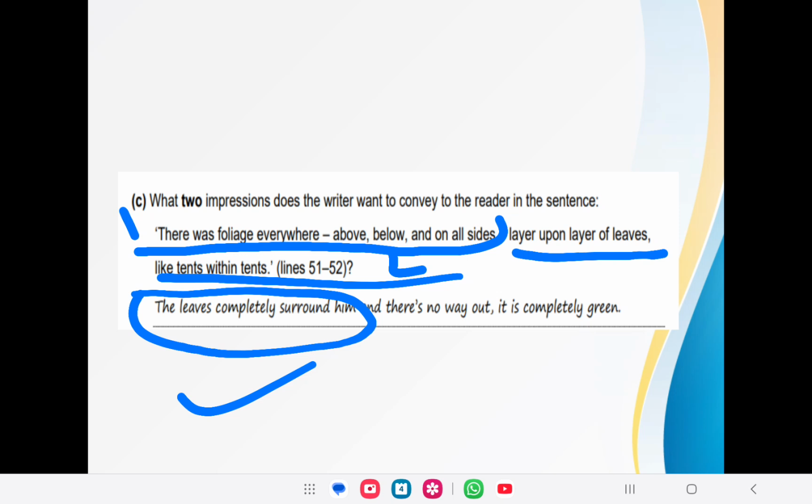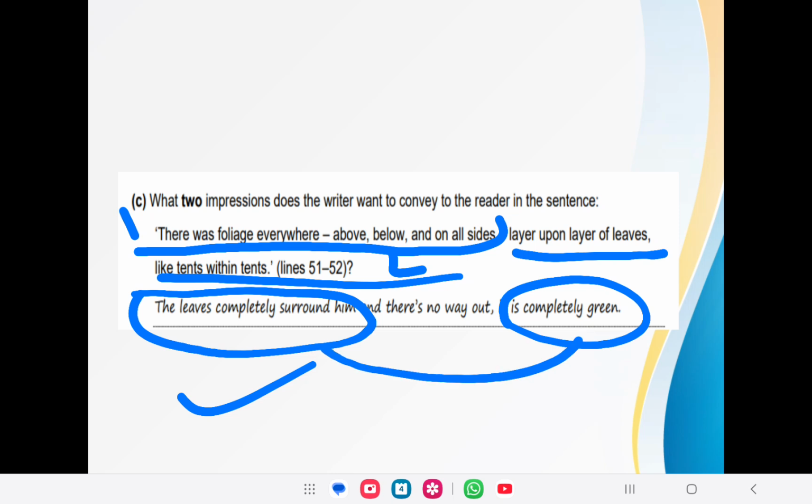Now the second impression. Layer upon layers can go with the first one also, like tents within tents. Layer upon layers of leaves, like tents within tents. What is the meaning of that? The student has written: there is no way out, it's completely green. Now this, it's completely green, is a part of the first explanation.